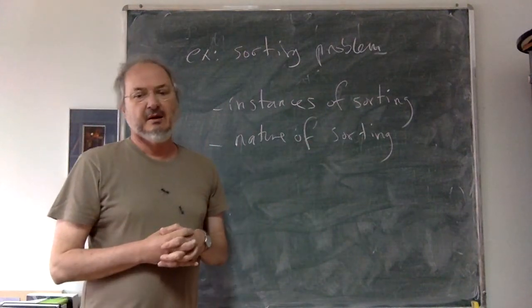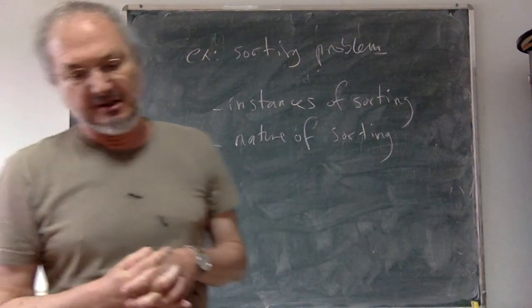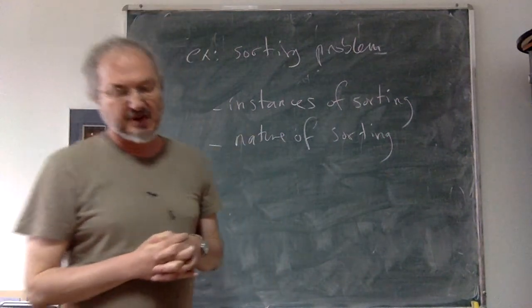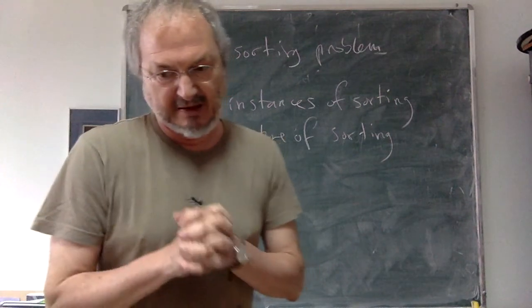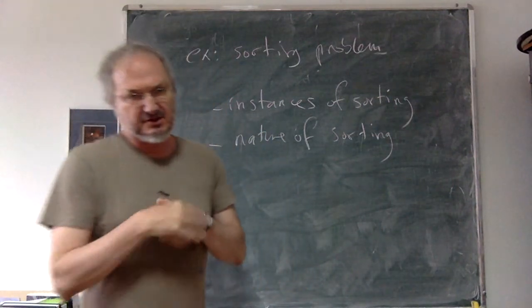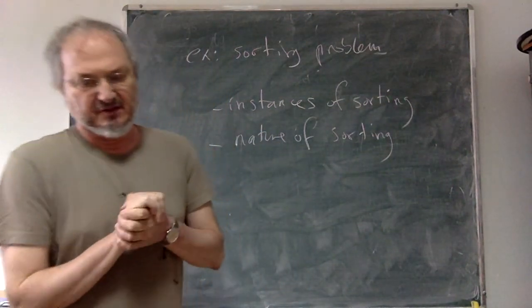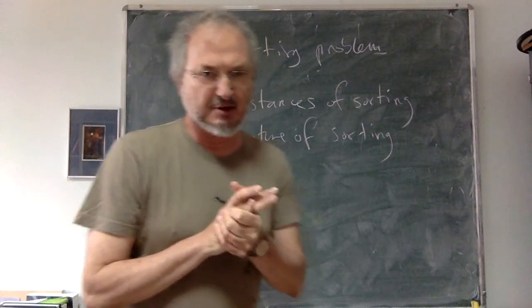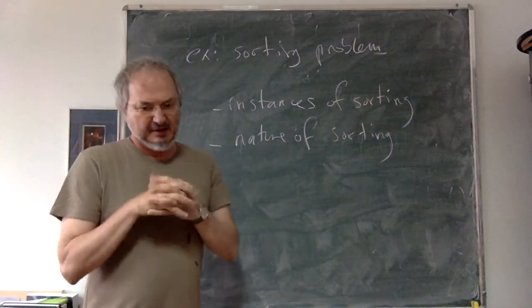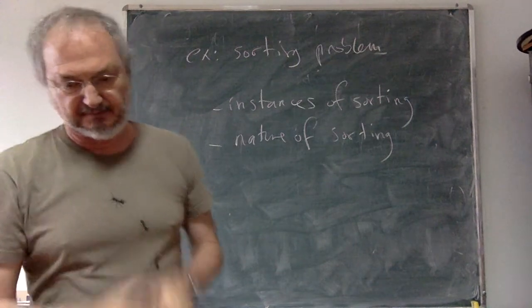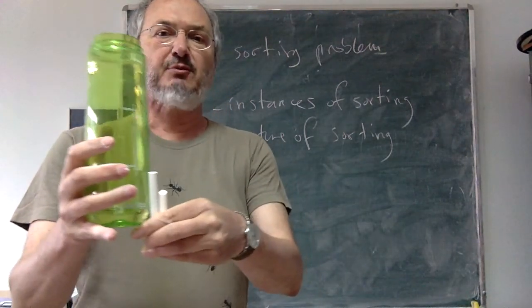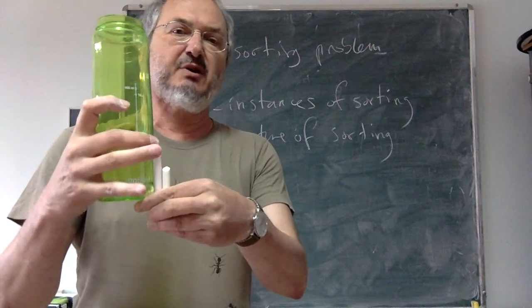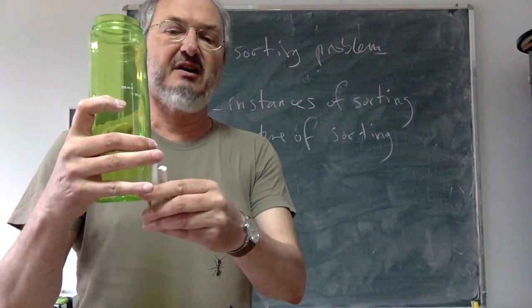Okay? So the idea of sorting in computer science is, well, we're trying to understand the nature of sorting itself rather than individual instances of sorting. So what we do is we map these quantities into some predictable differences. Like, I'm going to map it down, let's say, to numbers. This one I'm going to map to 10. This one I'm going to map to, let's say, 8.